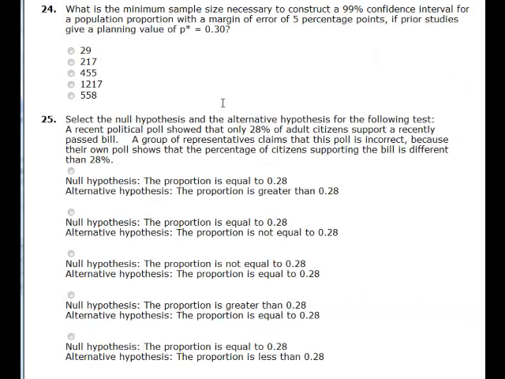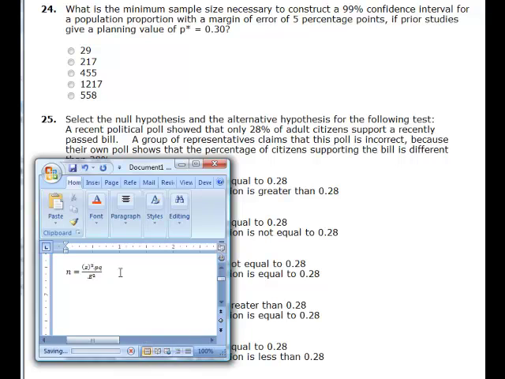Okay, the minimum sample size that we need to construct a 95% confidence interval, if we want a margin of error of 5 percentage points and a planning value, which means a value that we already can guess for p of 0.30. Okay, so here's the formula that we're going to use for this one.